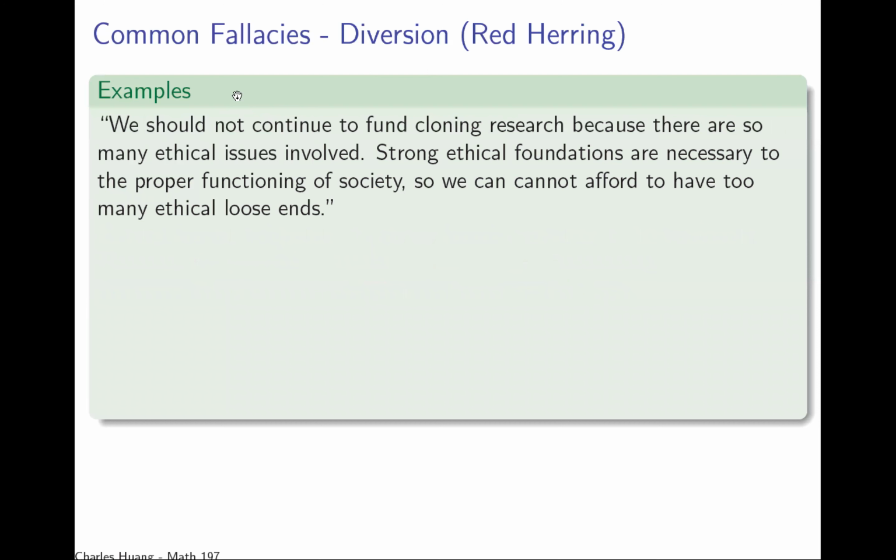The next fallacy we'll talk about is called diversion. Diversions are sometimes called red herring, because red herring used to be a type of fish that would distract people from what's actually going on.